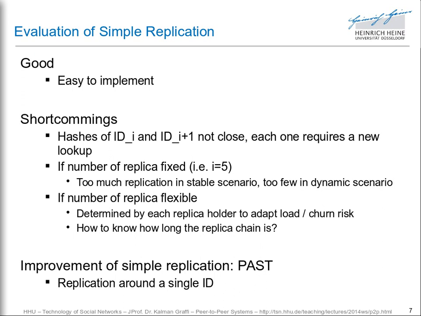So, for example, the responsible nodes for the IDs ID i to ID i plus 5 can go offline, and the responsible node for ID i plus 5 plus 6, sorry, can still be online. So we don't know when this chain ends.